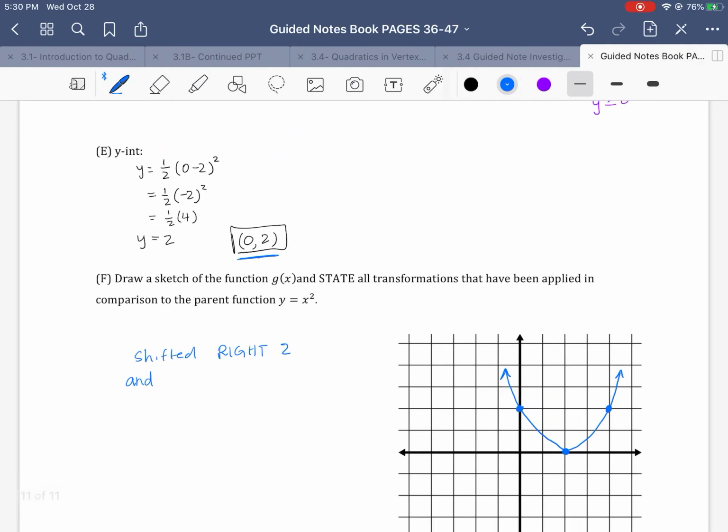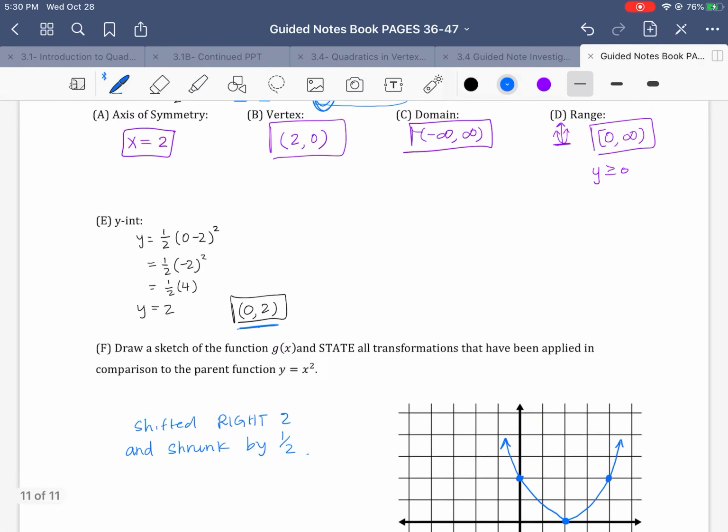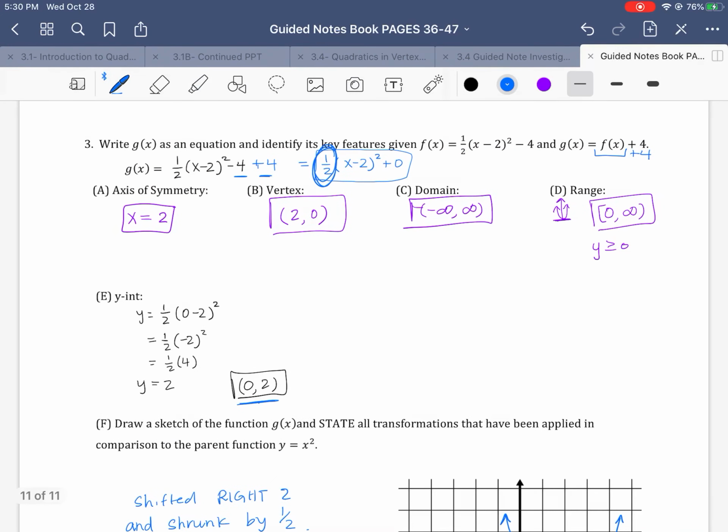So that means that it's been shrunk. It's definitely wider. So we're going to say shrunk vertically, or shrunk by 1/2. That's it. So today really your practice is being comfortable with that vertex form, knowing what pieces come from where, and then trying out some of that notation.